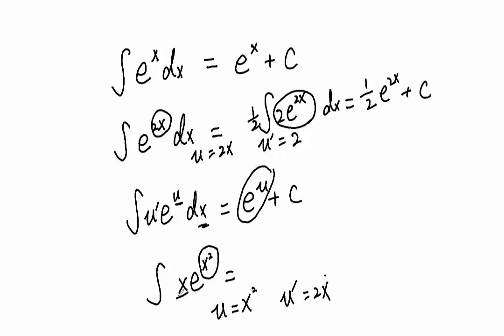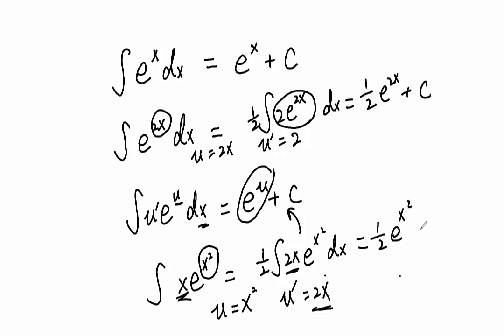We do have x in front, so the only thing we're missing is the 2. So we make the half to have a 2. Now I have my u prime e to the x squared dx. We're going to follow our new formula right here to use the u. So that's going to be a half e to the x squared plus c. That's it.